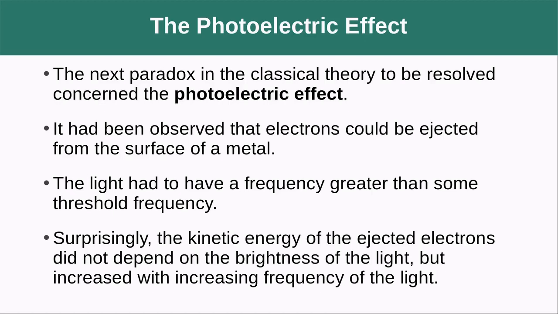And what was surprising to them is that this didn't rely on the brightness of the light, but instead on its frequency. So they thought if I just keep hitting it with brighter and brighter light, I'll get more and more electricity out. That seems to make sense. But it wasn't the important thing to actually get the electrons to eject.